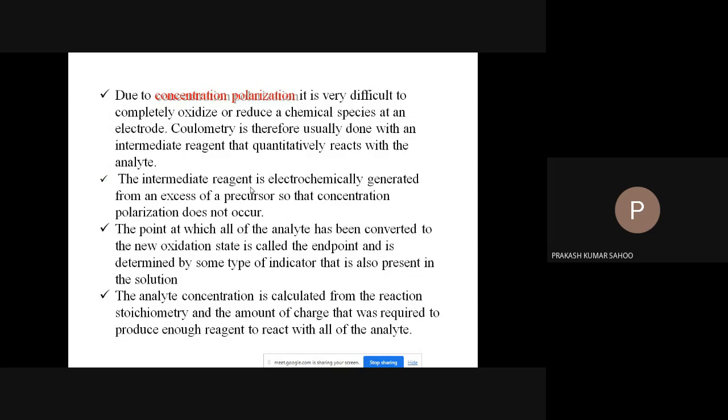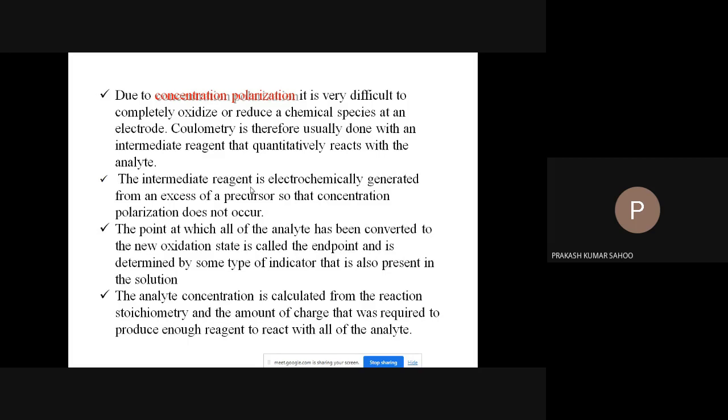The concentration polarization means this is due to the overvoltage. Sometimes the cell becomes a little bit hot when the applied current exceeds the limiting value, then there will be overvoltage, and there will be polarization of the current as well as polarization of the concentration. So due to concentration polarization, it is very difficult to complete oxidation or reduction of a chemical species at any electrode.